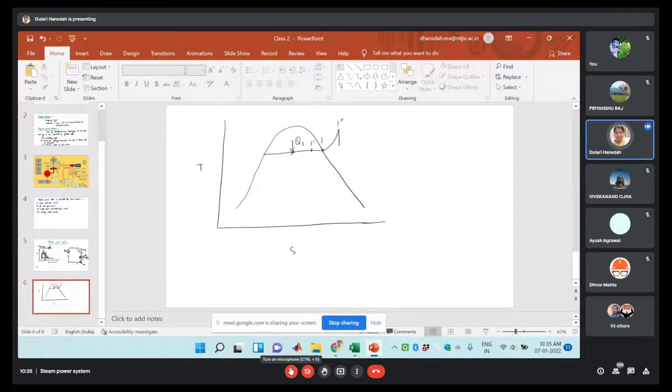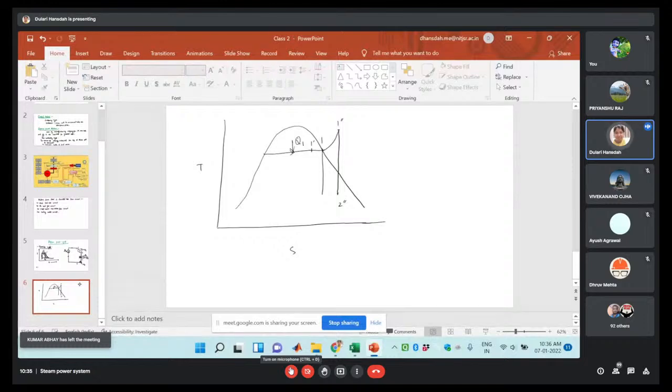Expansion will be done as reversible adiabatic. Reversible adiabatic means it is the isentropic process, right? So in that case, let us take this point as 2 dash, 2 double dash. Similarly, from 1 to 2, it will be the reversible adiabatic expansion process.